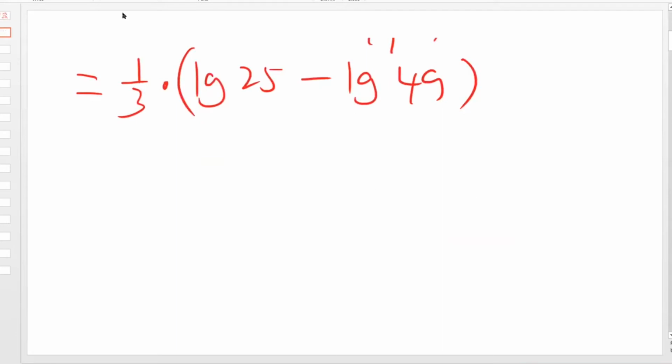Once you have this, all you need to do is, you have this 1/3, and then this log 25, you can change it to log 5 above 2, and over here you can change to log 7 above 2, right?